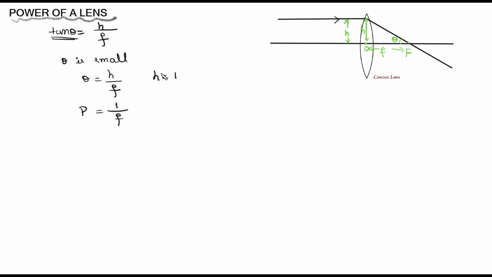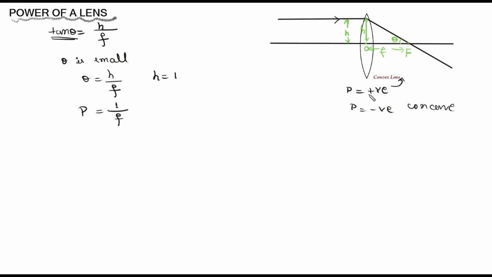That is called as power. The sign convention is that P will be positive for a convex lens and P will be negative for a concave lens. Okay, so these are the sign conventions for power.